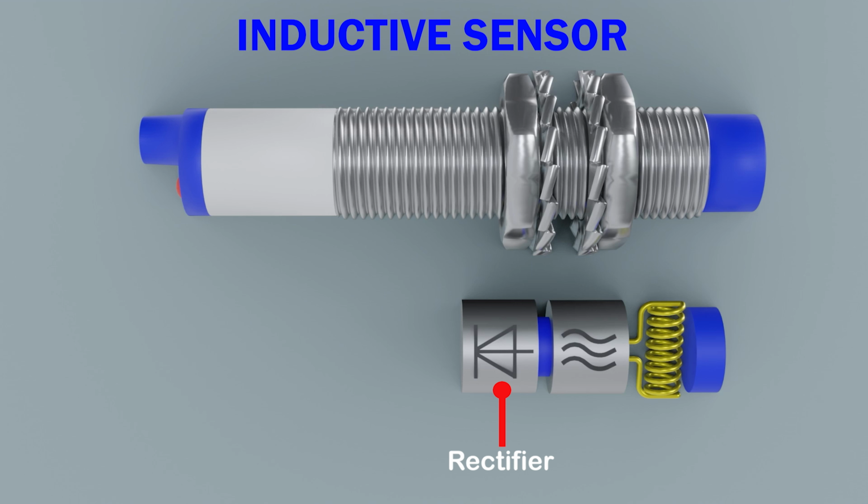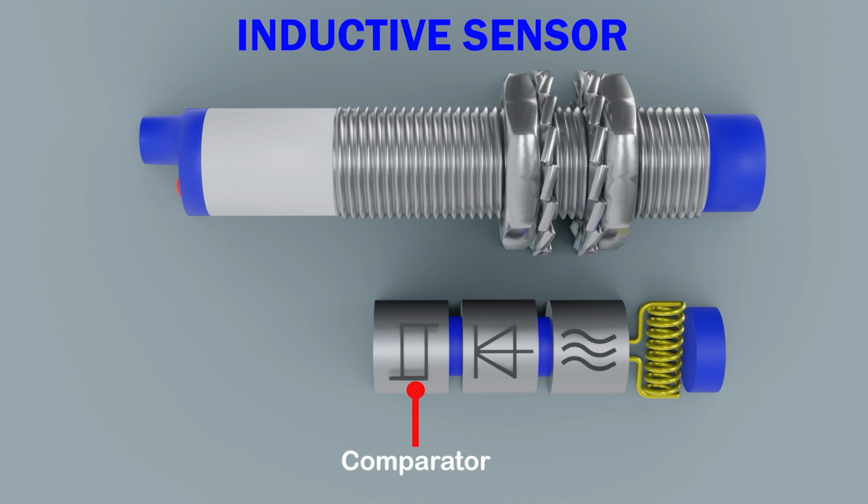This stage may include a rectifier circuit to convert the output signal into a usable format. Comparator. Compares the rectified signal with a preset threshold. When the signal exceeds this threshold, the comparator activates the output stage to indicate the presence of the metallic object.